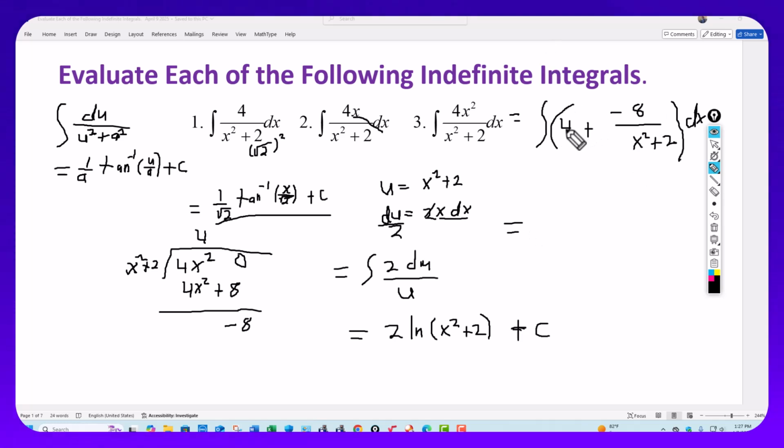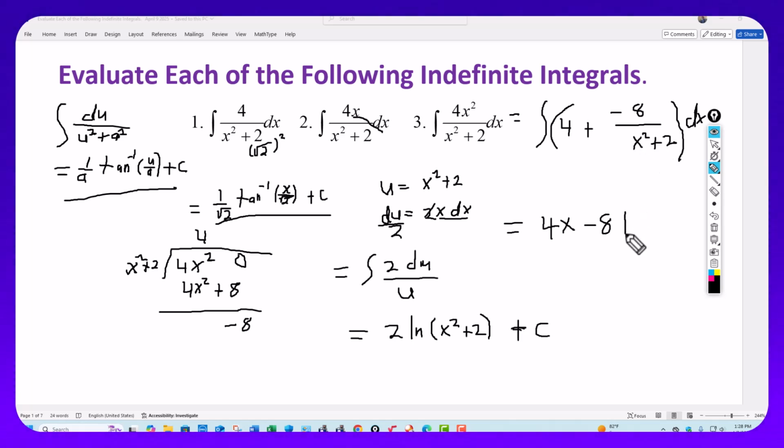So 4 integrated with respect to x is 4x. And then you can look at this integral. It's just like the first one now. The first one had just a constant, didn't have the x. This one just has minus 8 here. So this integration is going to be the same using this formula right here. So the minus 8 comes along for the ride. And then you look at the integral of dx over x squared plus 2.